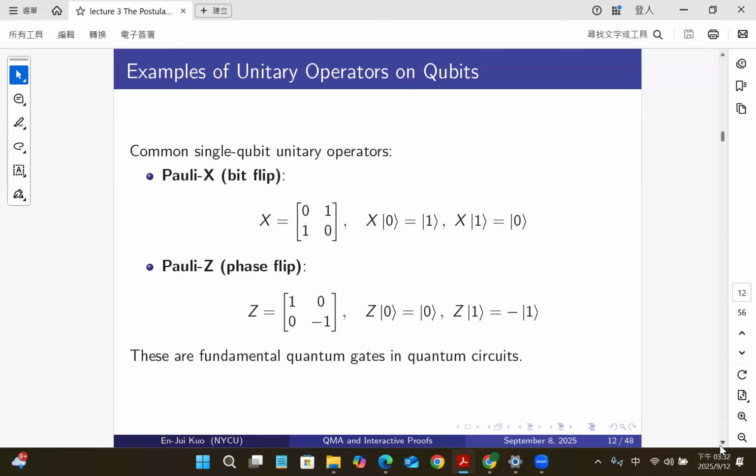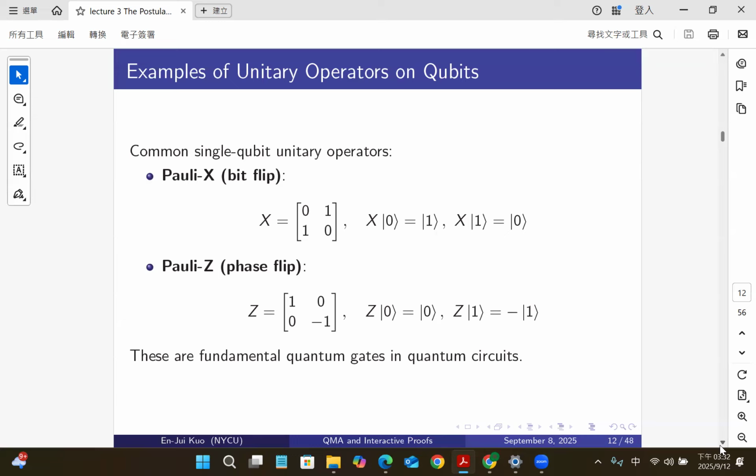Remember that X is the matrix (0, 1; 1, 0). I will write it out a few times, but in later courses I will not. Obviously, when X applies to (1, 0), which is |0>, it becomes (0, 1), and when X applies to (0, 1), it becomes (1, 0).